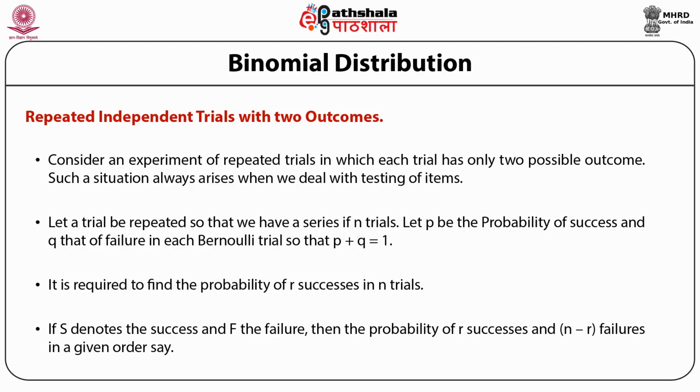Then the probabilities allotted to this are p, q, p, p, q, p, and so on. Let this be p raised to power r, because r successes, so p into p, r times, p raised to power r, and n minus r failures means q raised to power n minus r.